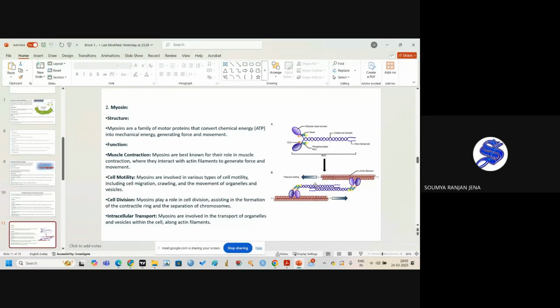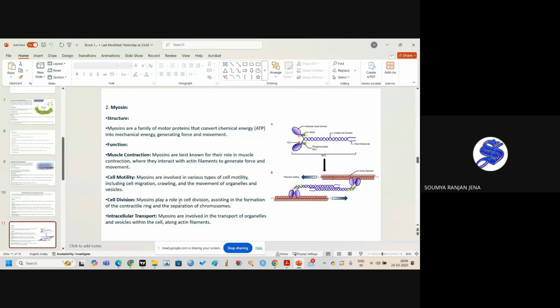Actin and myosin are the major proteins required for muscle contraction, transport of different vesicles, and migration of different cells.